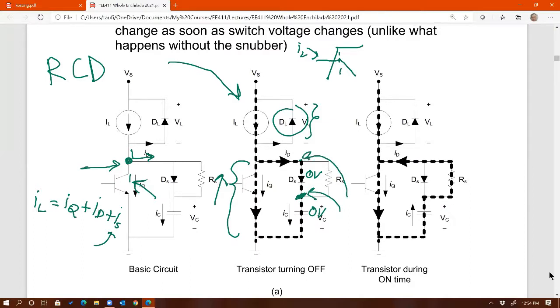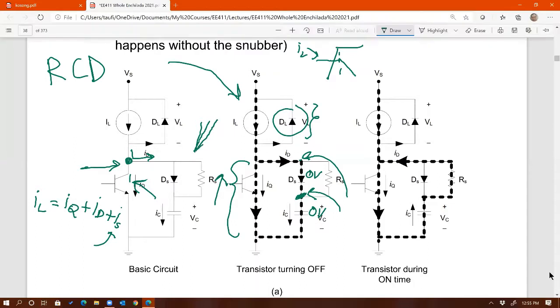Since the two are in parallel, by connecting this diode-capacitor pair across the switch, you are slowing down the rate of rise of voltage across that switch. Before it was fast, now it's going to be slower because of that capacitor. Of course, the bigger the capacitor, the slower it goes up.